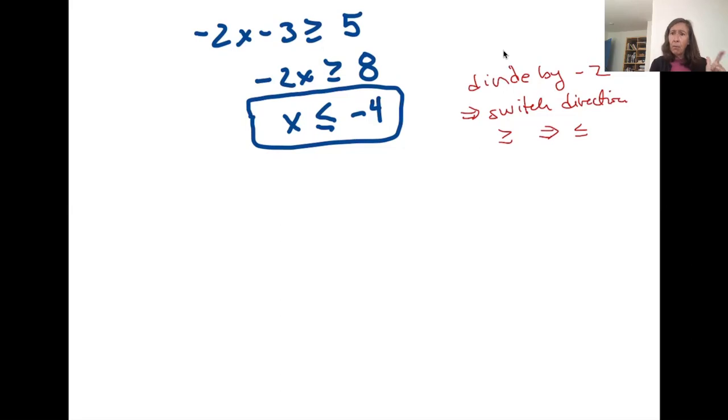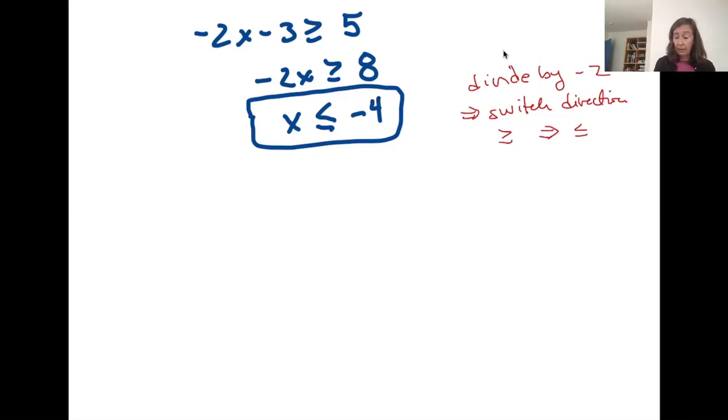The final thing I want to point out here is that when we solve an inequality, we get a range of values. When we solve an equation, we usually get x equals one specific thing, because equations are really specific things. Something is exactly equal to something else. Inequalities are more general things. We're not saying what exactly x is equal to. We're just saying it's less than a certain thing, it's greater than or equal to another thing.